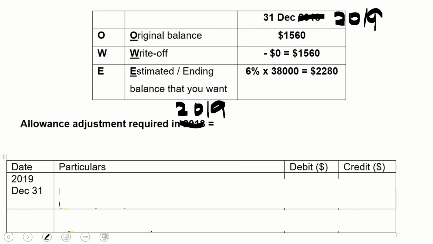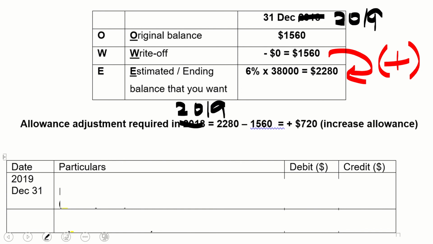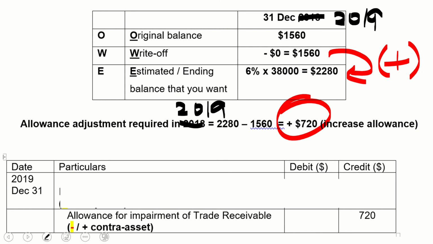So how do I adjust my allowance then from 1560 to 2280? I think you will realize that your allowance needs to increase. So you will take 2280, deduct 1560, and it will have an increase of $720 in your allowance. How would you record this in your journal entry? Firstly, your allowance increases, so you need to increase your contra asset.